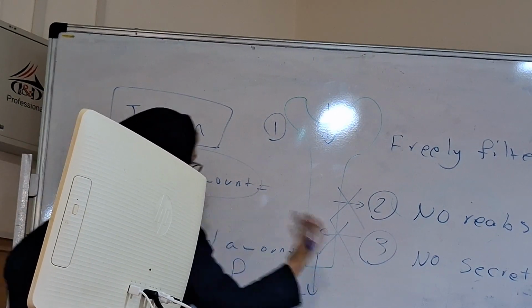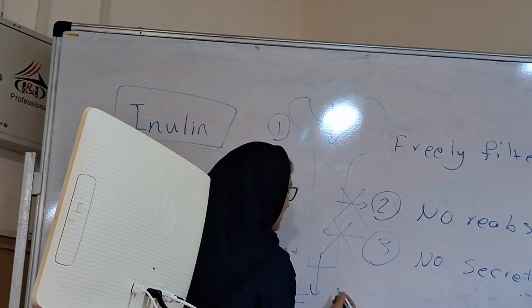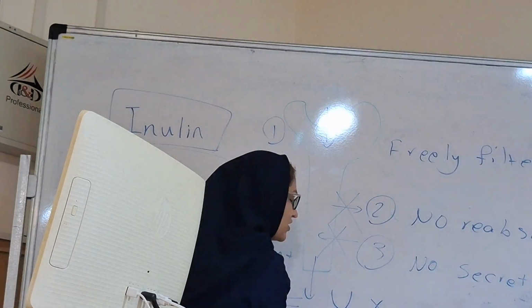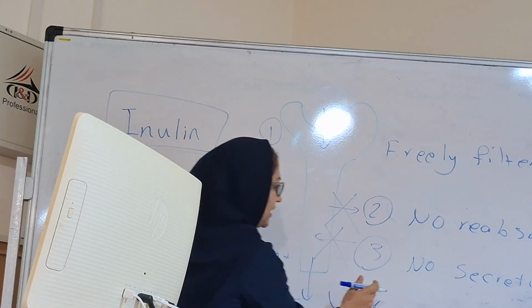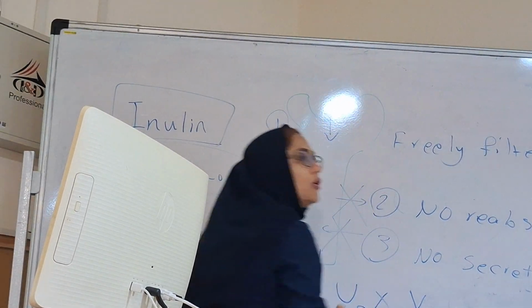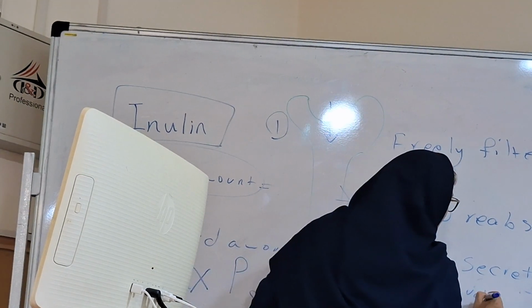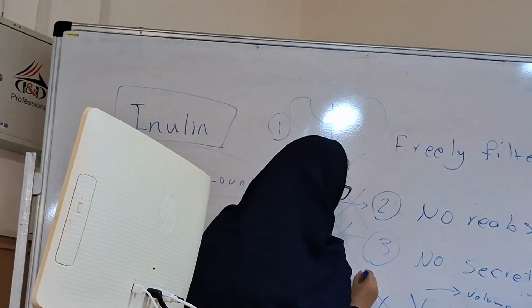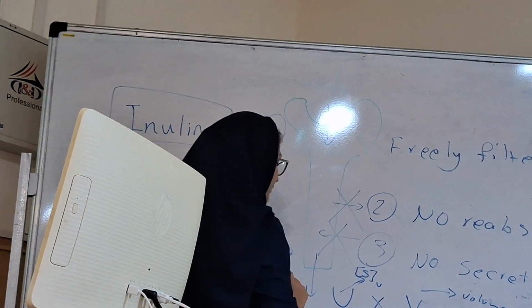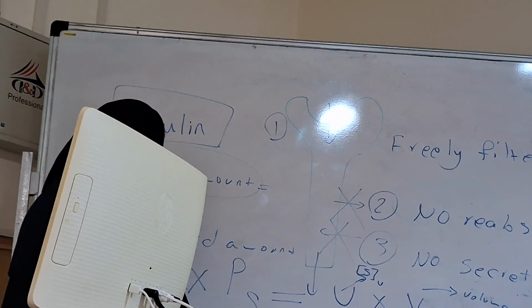The amount excreted is calculated by this formula: U_S, the concentration of the substance in the urine, multiplied by V, the urine volume. And P_S is the concentration of substance in plasma.